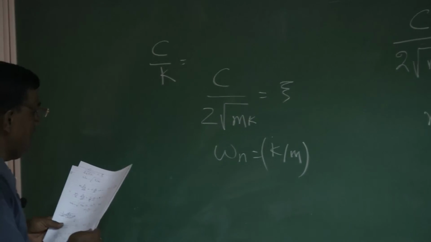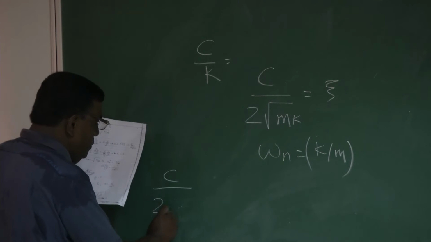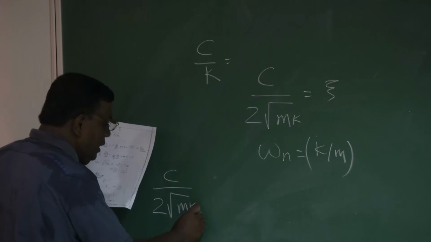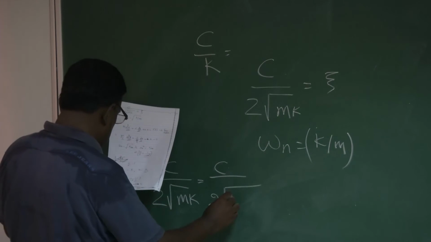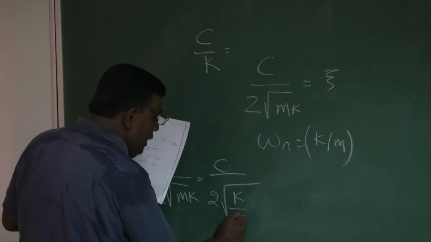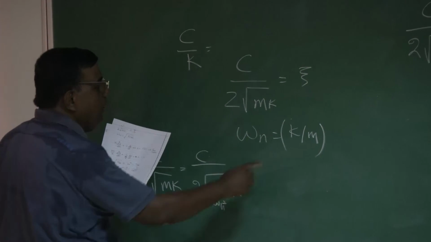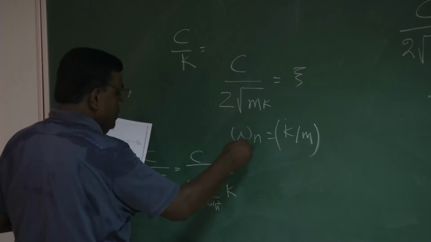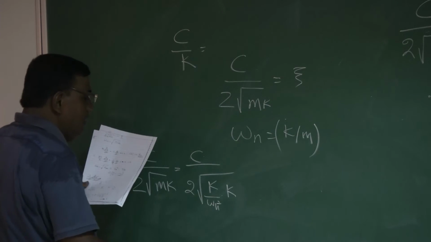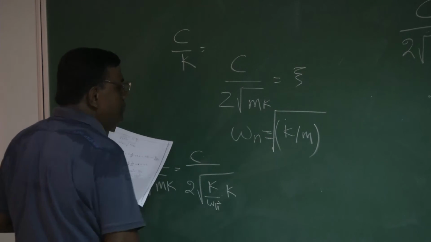So we can easily see that c by 2 root mk is equal to c by 2 root, for m I write k by omega n square, into k, because we know omega n equals under root k by m. Let us not forget that.